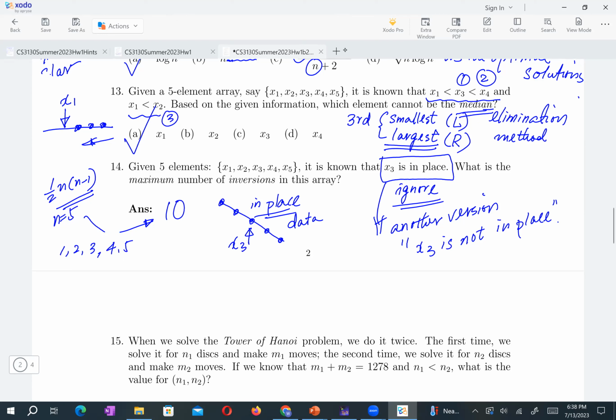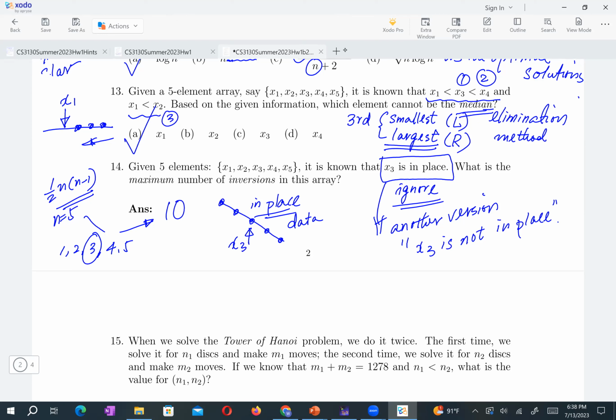This time, our logic is this. We know our goal: we try to find an input where X3 is not in place, but we get 9 inversions. That's our goal.